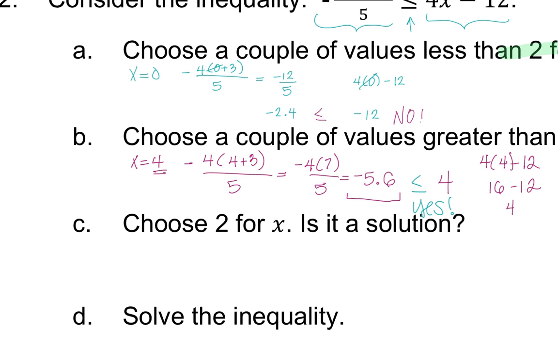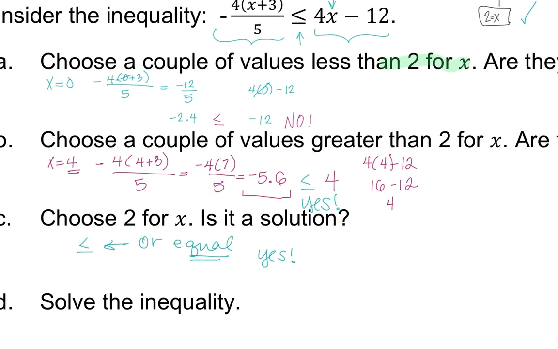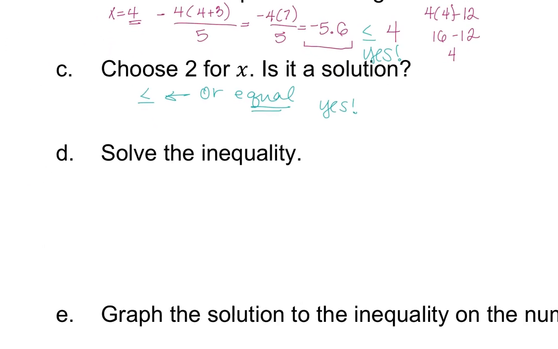And then is 2 a solution? When you plug it in, you do get left side equals right side because we have less than or equal to. So because we have the or equal to part, from when we solved our equation up here, we already know that that's the value that makes them equal. But just to be sure, if you want to plug it in, you can check in your inequality.